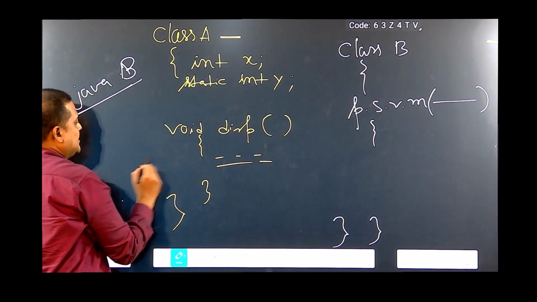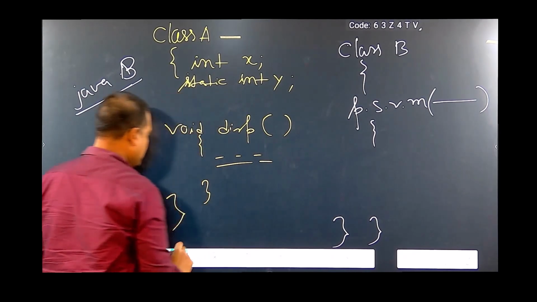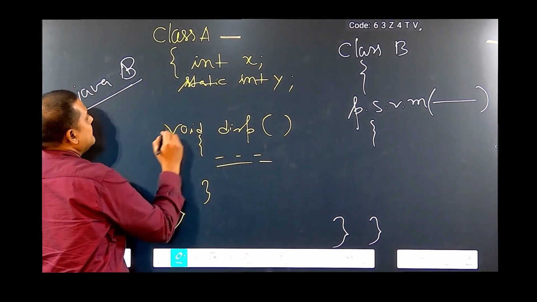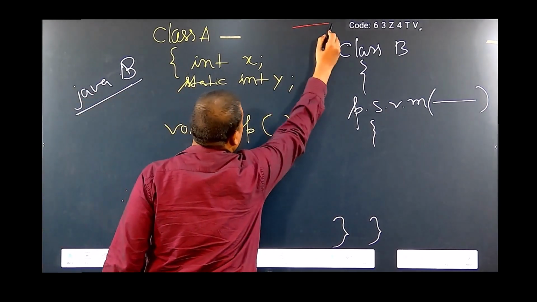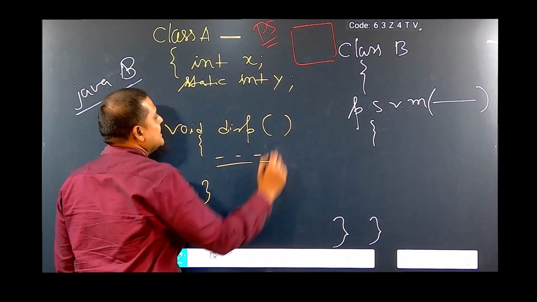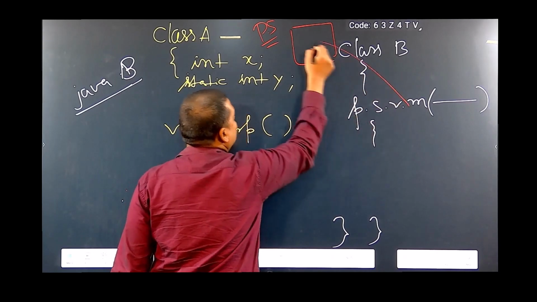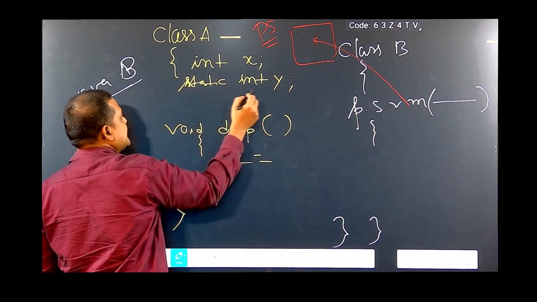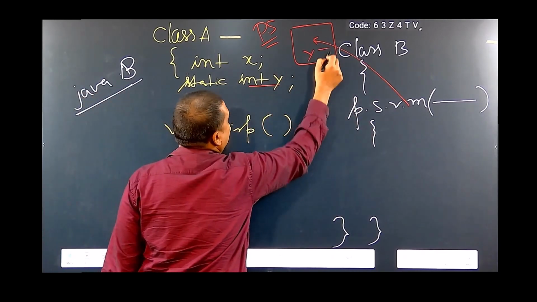Assuming this is our primary storage, this main method will be here, and this static member y will be here.